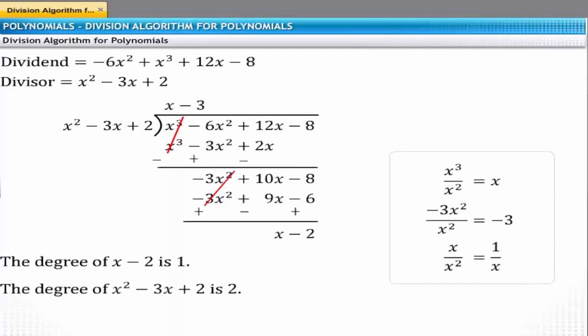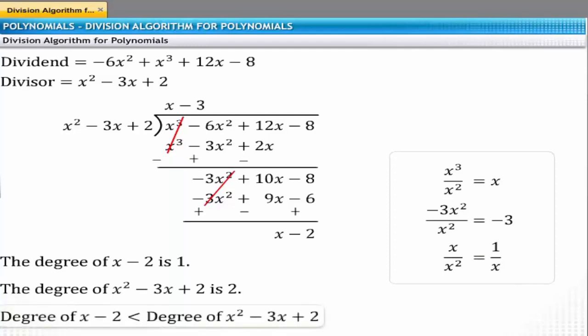This implies that division is not possible if the degree of the remainder is less than the degree of the divisor.